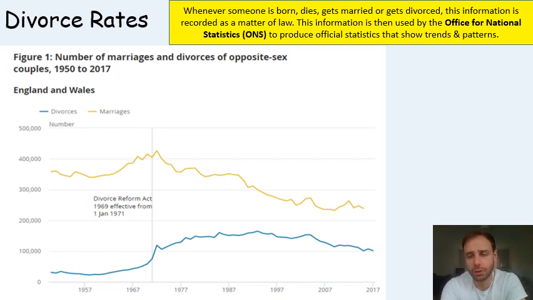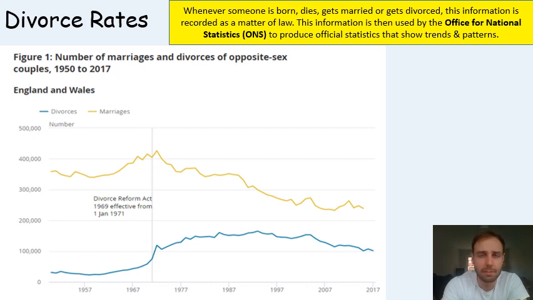Now we're going to move on after this to our topic of the sociology of families, and we'll look at the reasons behind this. But this graph tells you, proves as a fact, that divorce rates have risen and marriage rates have fallen.